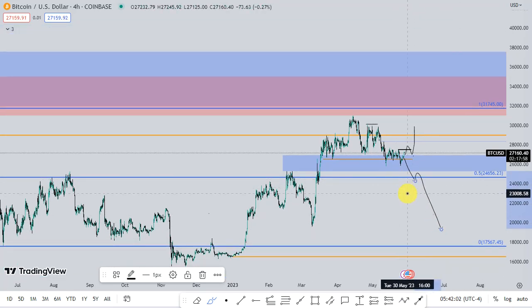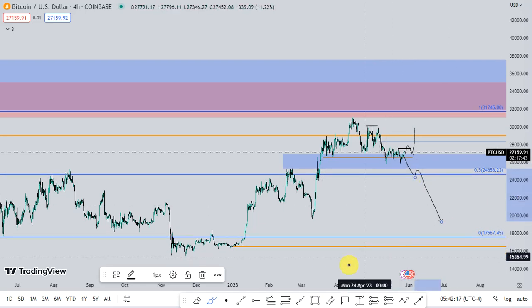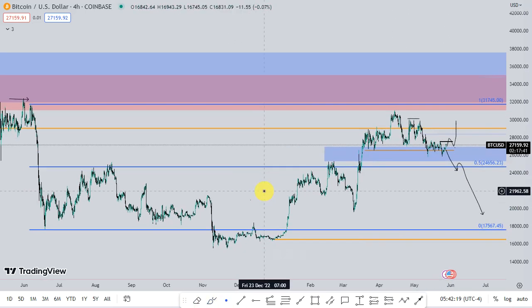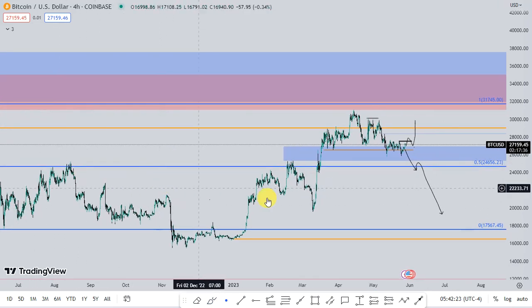So this is the bearish scenario that I'm not expecting to happen, but if price could not do a market structure shift with displacement, then this scenario is possible, and it will be more possible once price goes below this mid-range. As you can see, we have this blue range, so this mid-range is essential. By going below this level, the range low is possible.